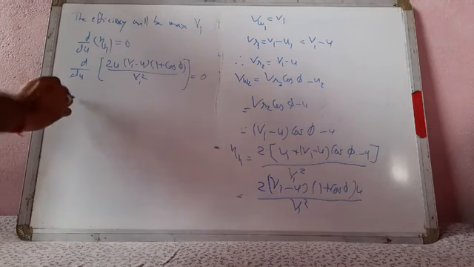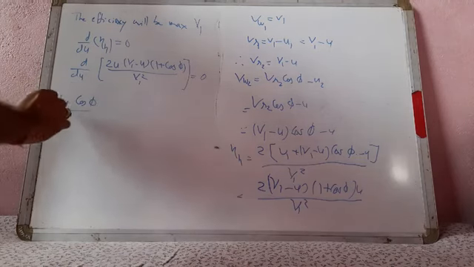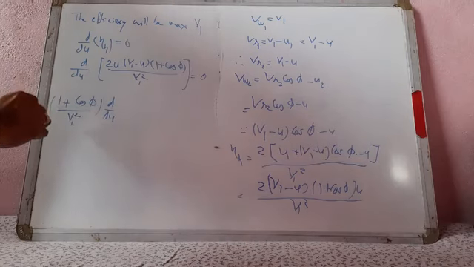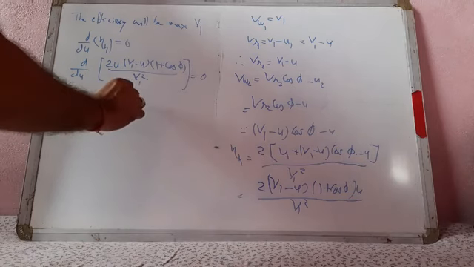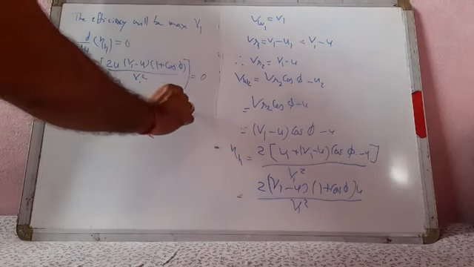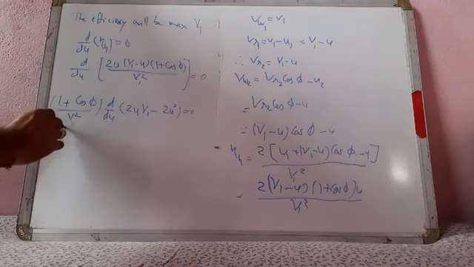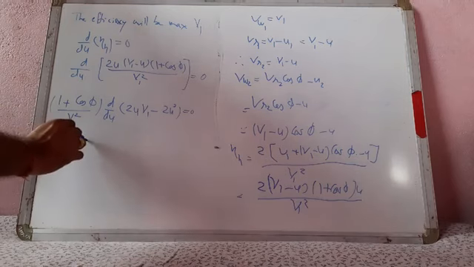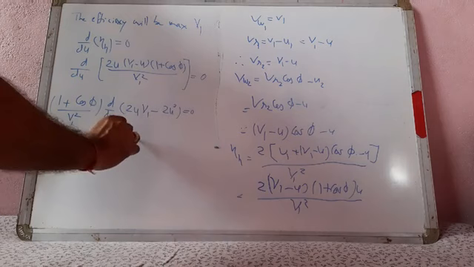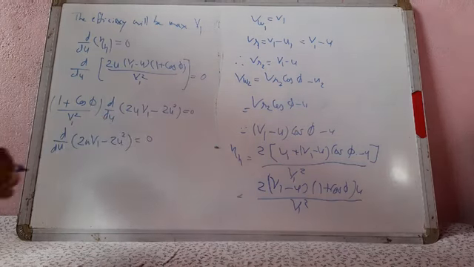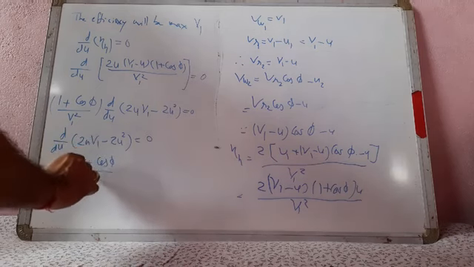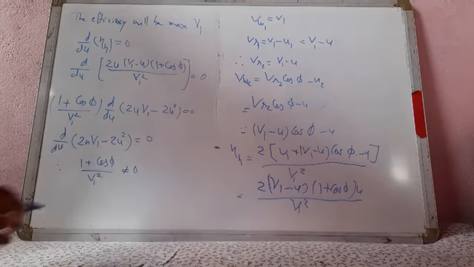That is (1 plus cos phi) by V1 square, d by du of (2u V1 minus 2u square) equals 0, because (1 plus cos phi) by V1 square cannot be 0.